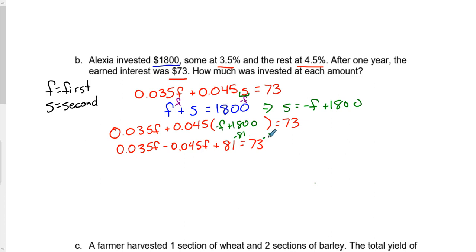Again, combine some steps, so I'm going to subtract 81 at the same time as subtracting these. So I get negative 0.01F equaling negative 8. And finish off by dividing by the negative 0.01.